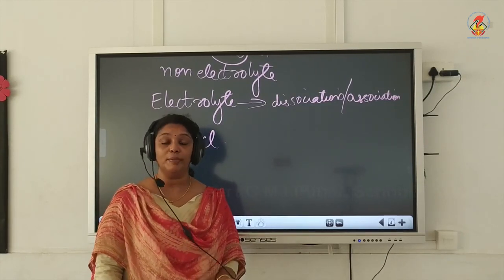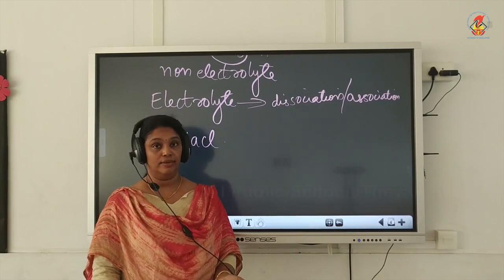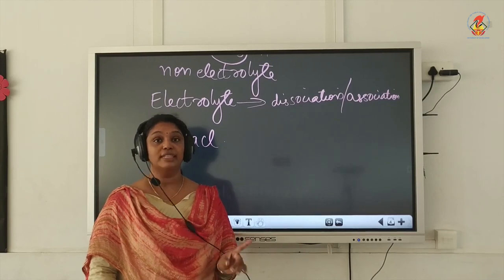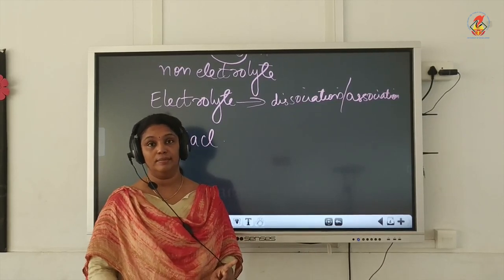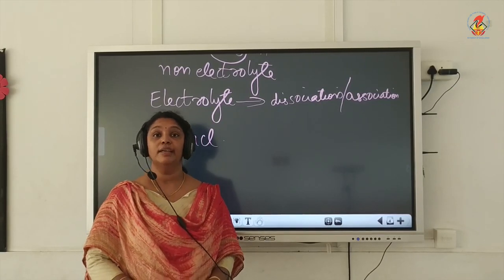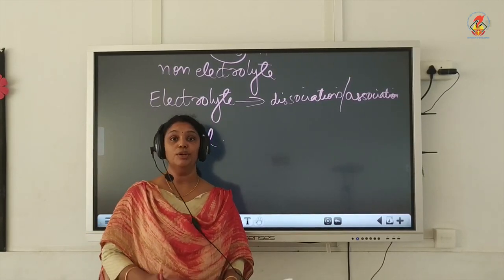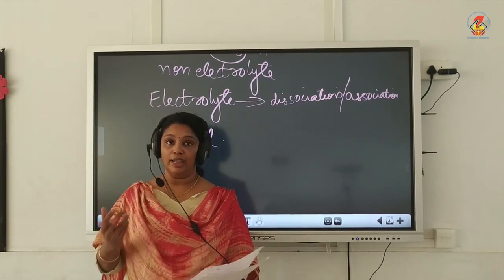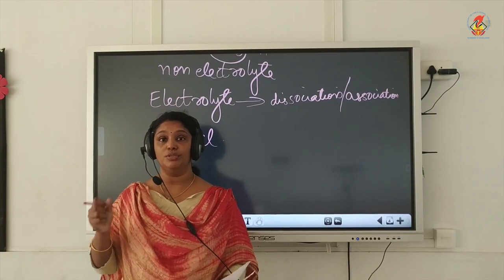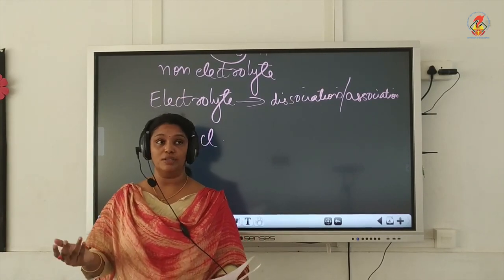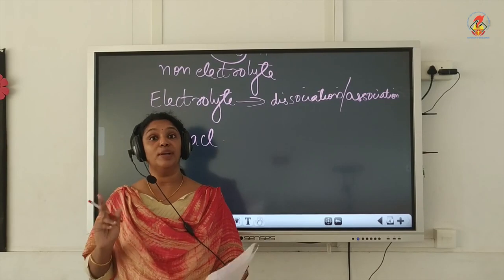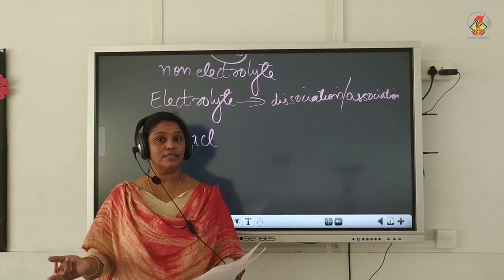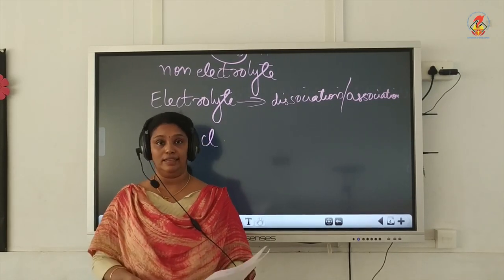So the colligative property increases and the molecular mass decreases, because molecular mass and colligative properties are inversely proportional. Sodium chloride is our solute, so the number of solute particles increases, because colligative properties depend upon the number of solute particles. When solute particles increase, colligative properties increase and molecular mass decreases.